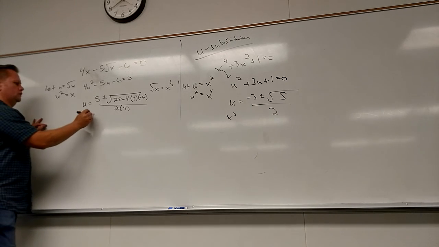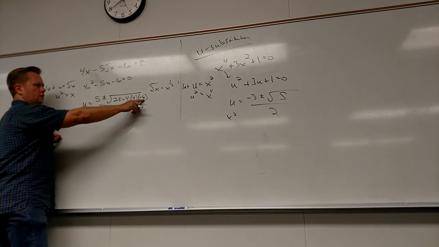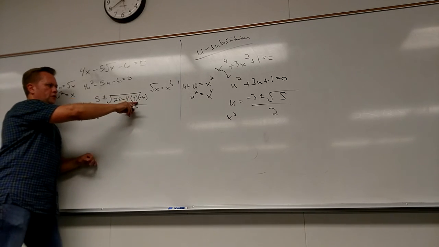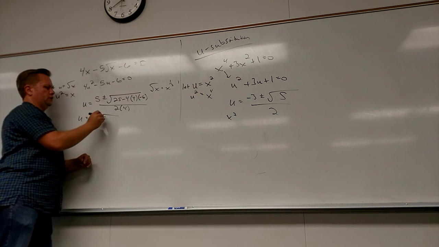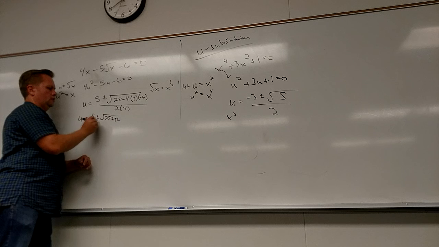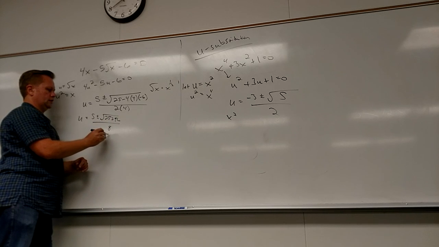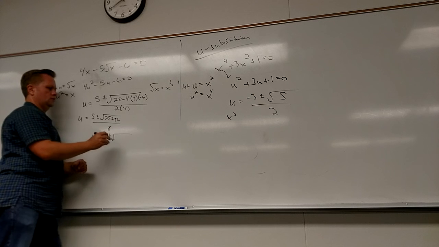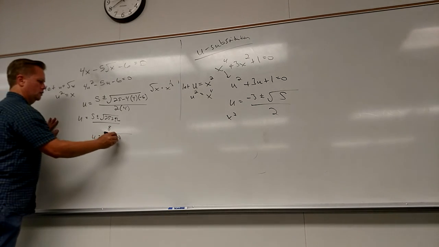So u is 5, plus or minus. This will be 96. So 25 plus 96. What's 25 plus 96? 121.